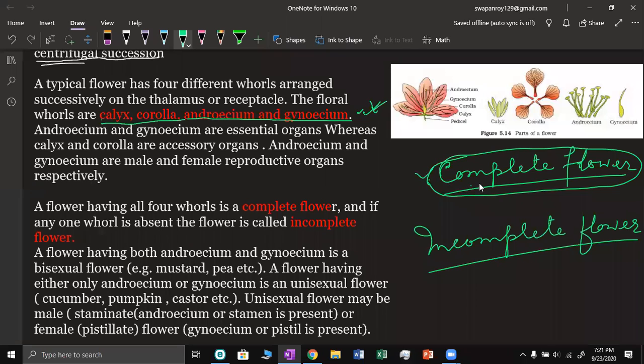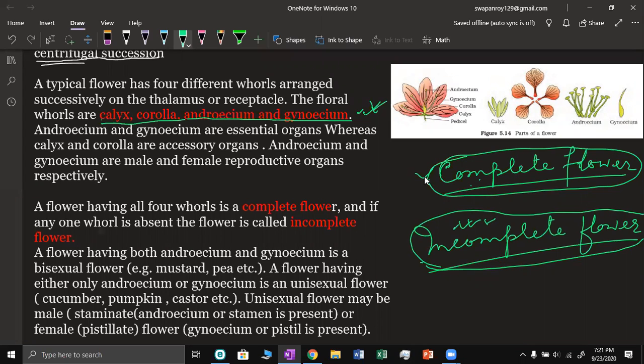Most of the flowers that we see are complete flowers because flowers are mostly bisexual. In some flowers, we may find that one of the floral parts is absent. Maybe gynoecium is absent, or the androecium is absent, or maybe calyx or corolla is absent. In that case, the flower is known as an incomplete flower.